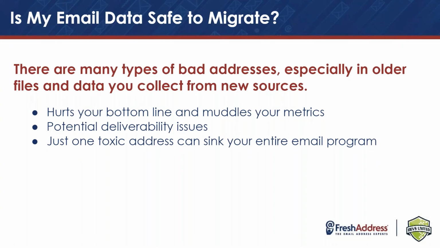And these bad email addresses, they're going to cause you to spend money unnecessarily with your ESP. They're going to mess up your metrics. They can result in some pretty serious deliverability issues, and some of the nastier stuff like spam traps can sink your whole entire email program for a period of time.